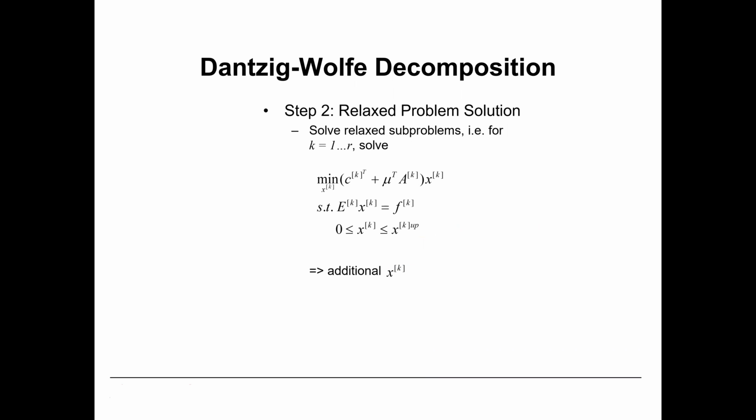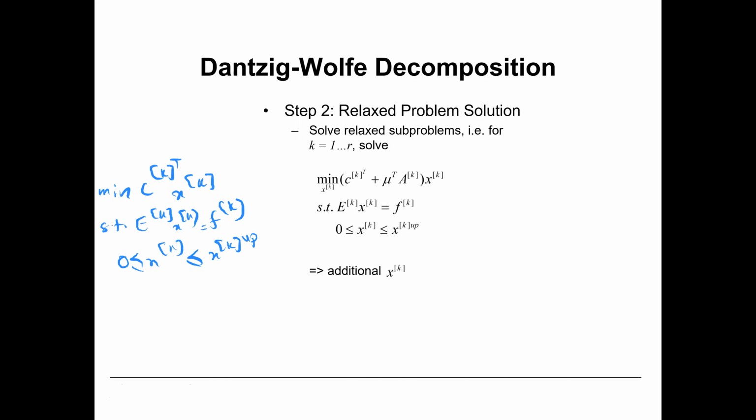So if you remember, originally our subproblems were like this: c_k transpose x_k subject to E_k x_k equal to f_k, and x_k upper bounded by s_k. All right. So how did we relax this? We added this new term.